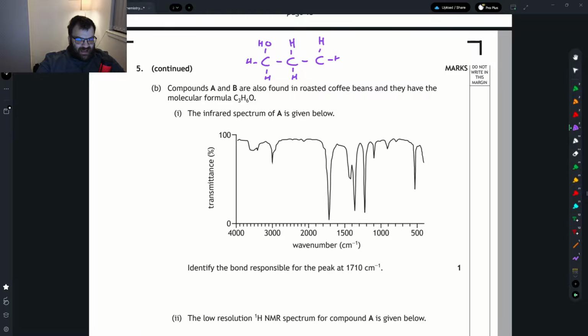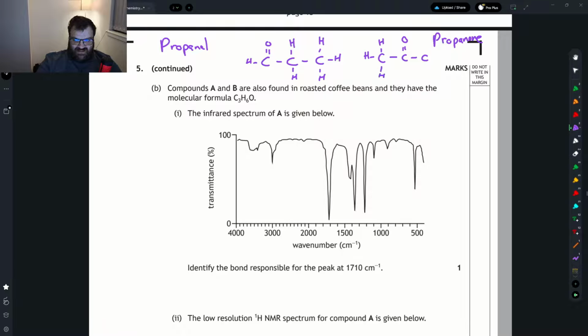So that means it's going to have a double bond, which would mean we're dealing with either our aldehyde, because it's at the side, so that would be propanal, or we're dealing with the double bond O in the center, which would make that a ketone, so propanone.